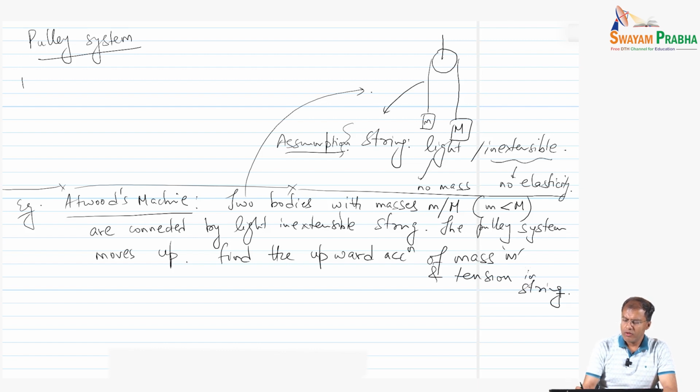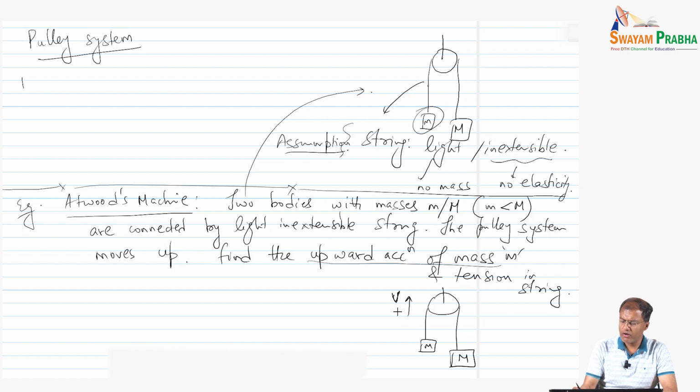Okay, so we want to find with what acceleration this small mass moves, and we also want to find the tension in the string. So let me draw the force diagram here. So we have a pulley with small m and capital M, and now we have the system which is moving upward, right?